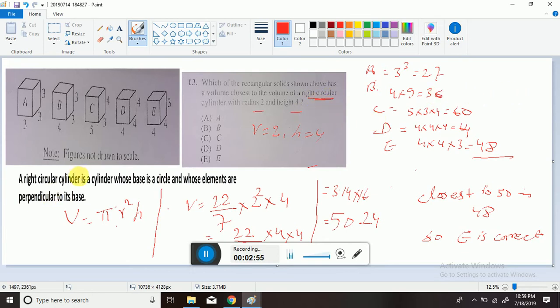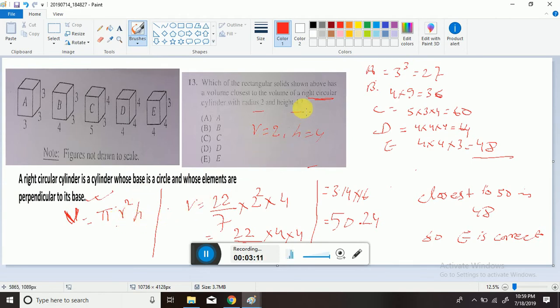A right circular cylinder is a cylinder whose base is a circle and whose elements are perpendicular to its base. The volume of a cylinder is given by V equals pi r square h.